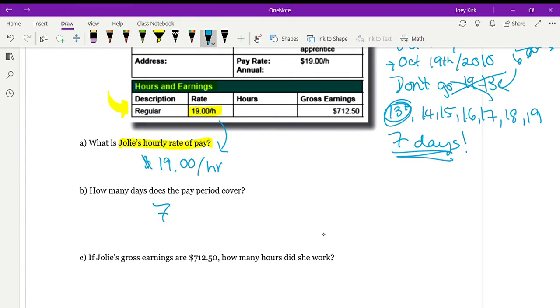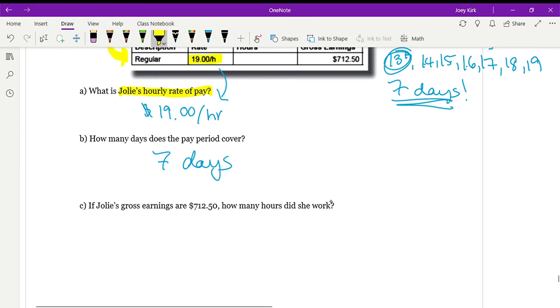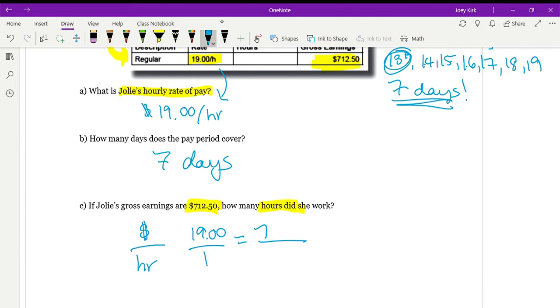It covers 7 days. If her gross earnings, which we can see right here, are $712.50, how many hours did she work? This is back to old school ratio proportions, so dollars per hour. We know that she makes $19 in 1 hour, and she made $712.50, and we don't know how many hours she had to work.